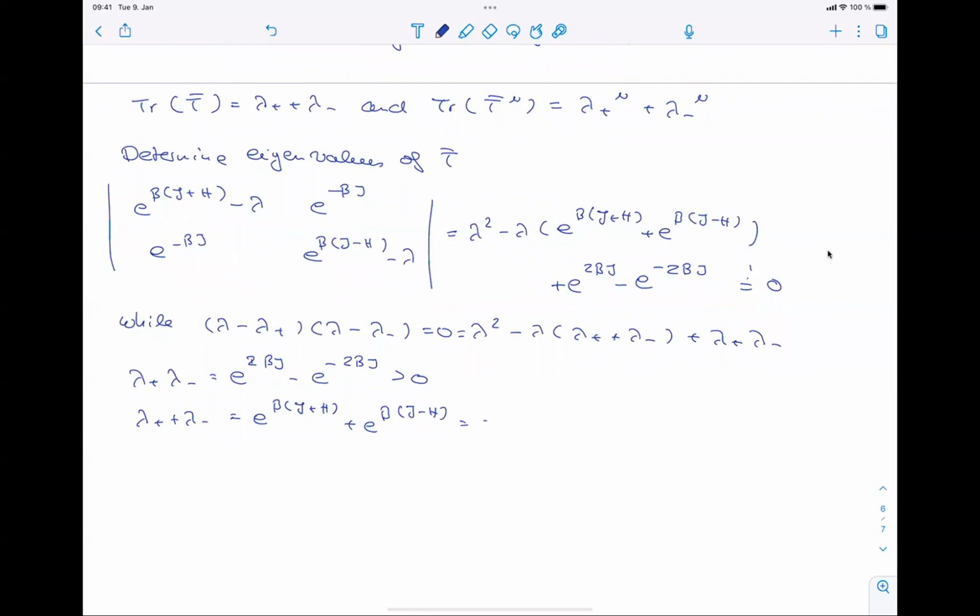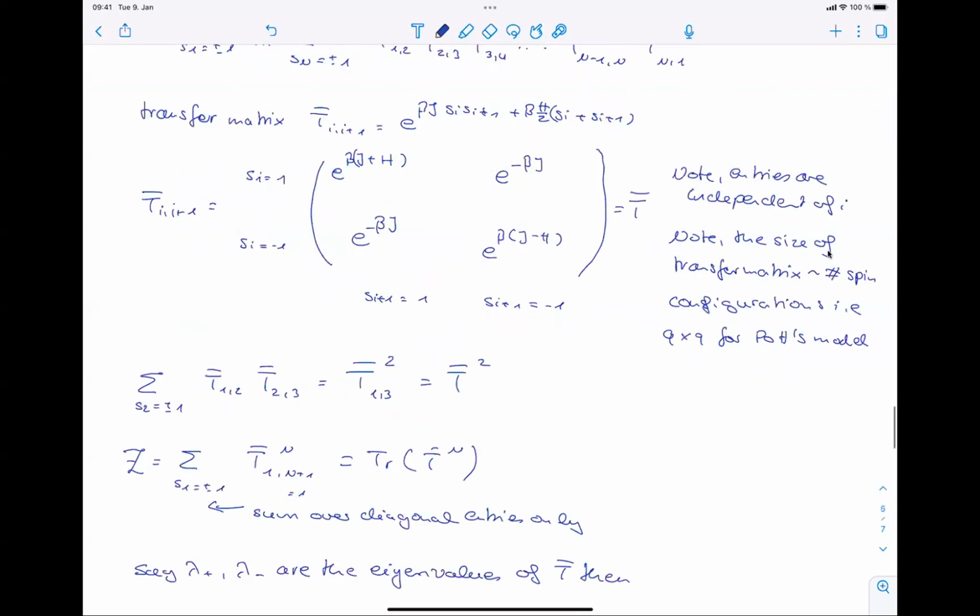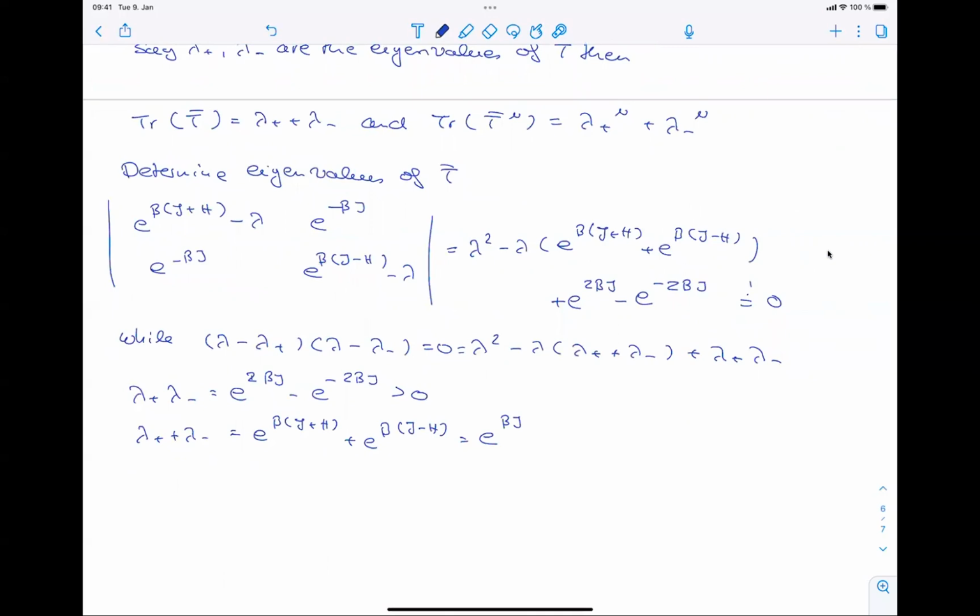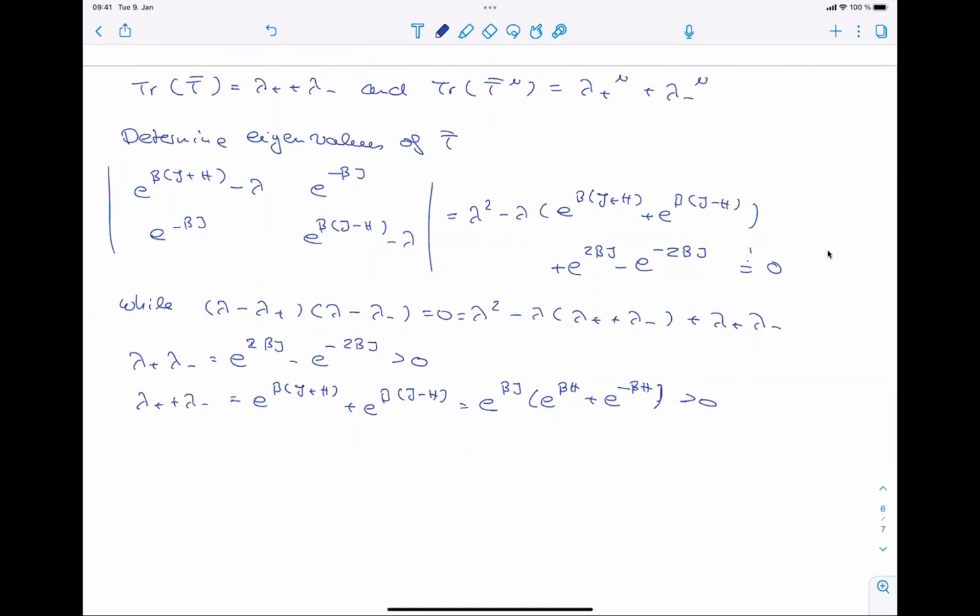And so we can actually factorize, we can pull out the e to the beta J times e to the beta h plus e to the minus beta h, so that we can see that this function, also without having specified anything, is bigger than 0. And so why are we doing this instead of just writing down the solution? Because there's one important insight that we can gain already, because we defined our partition function to be the sum of the 2 eigenvalues to the power of n, right?